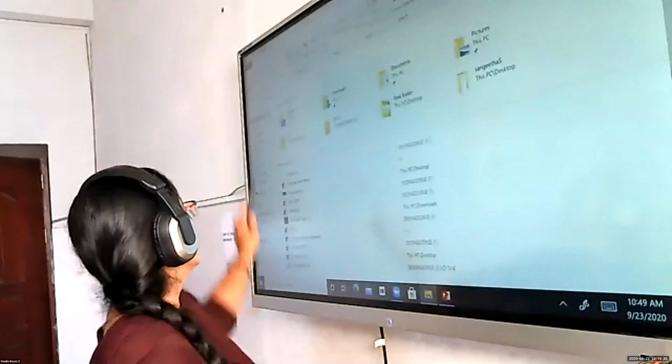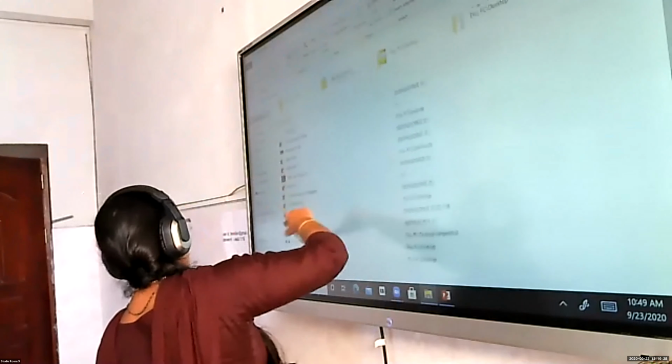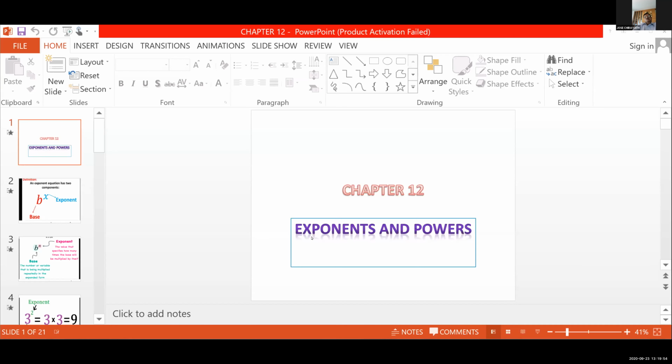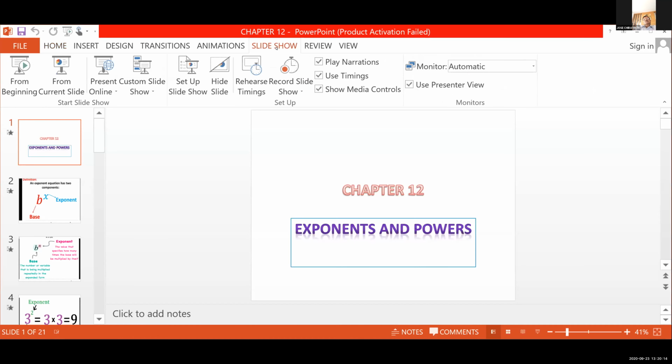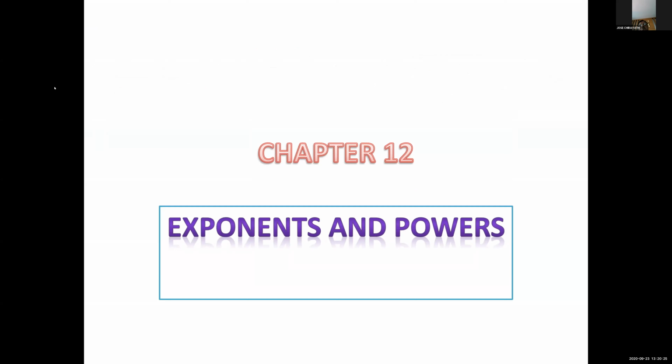So we will start. Chapter 12, exponents and powers.